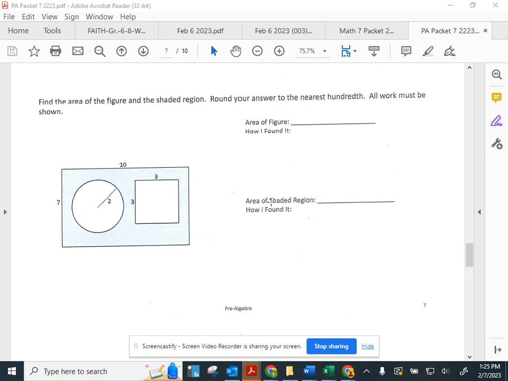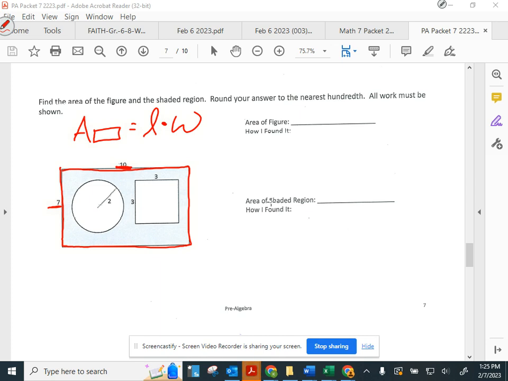We need to find the area of the figure. That is the full rectangle. What is the area of a rectangle? It is length times width. Then we need to find the area of the shaded region.